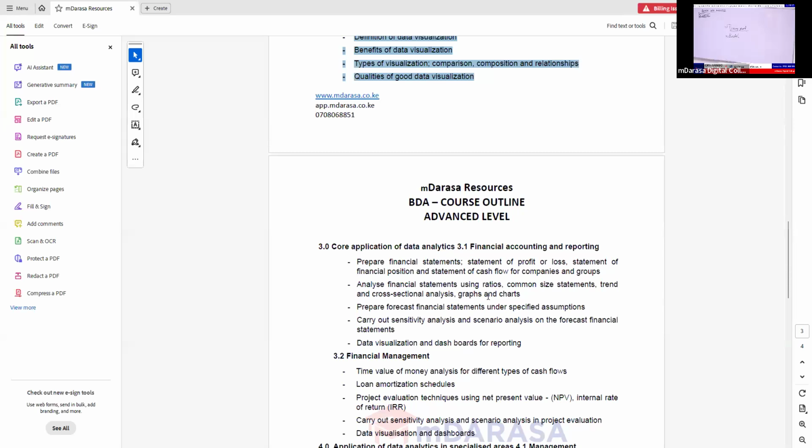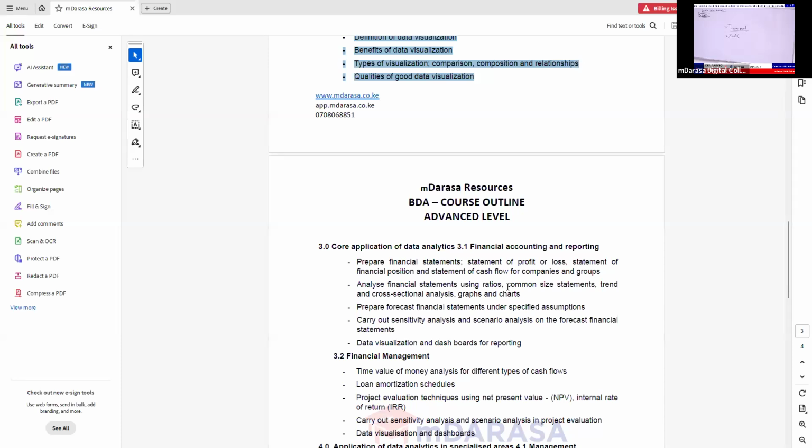Analyzing financial statements using ratios, talk about common size statements. These items, we did them in our course while we were doing our lower levels. So whatever we'll be doing now is for us to apply the same knowledge in conducting business data analytics.